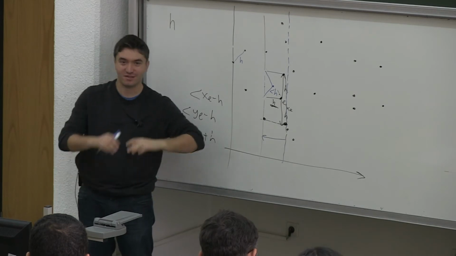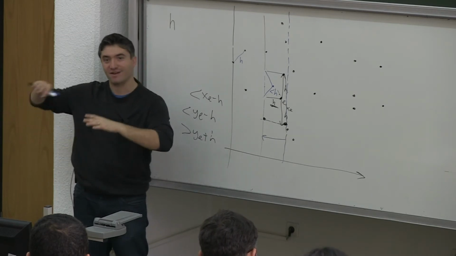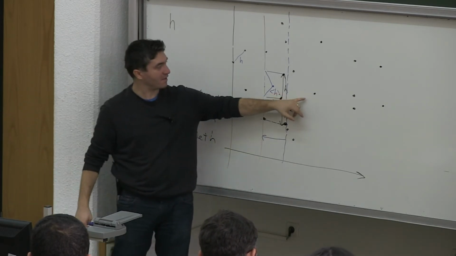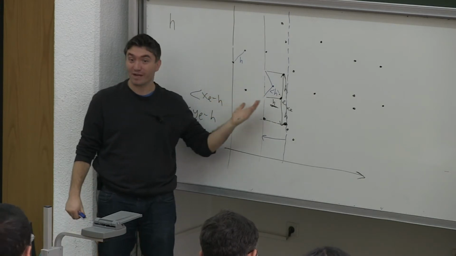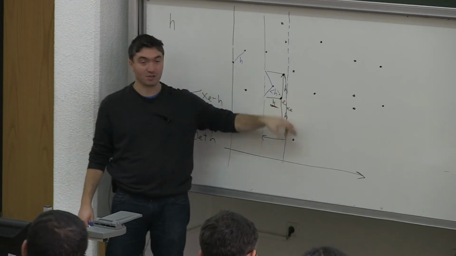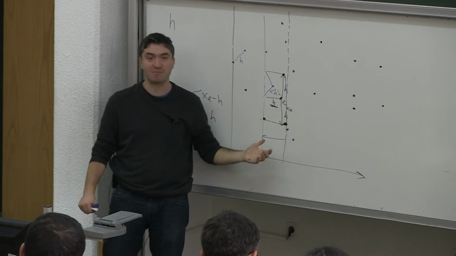You can just throw away these points. Since their x coordinates are already h away from the current processed point, I don't need to put them in my search structure.